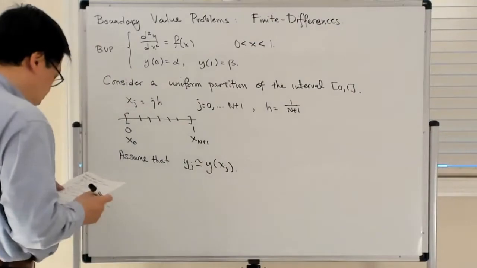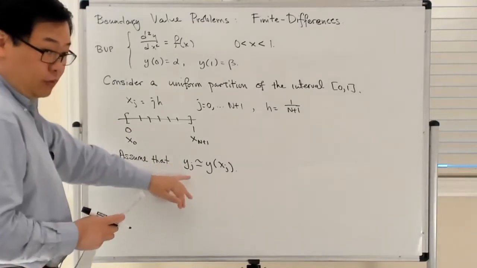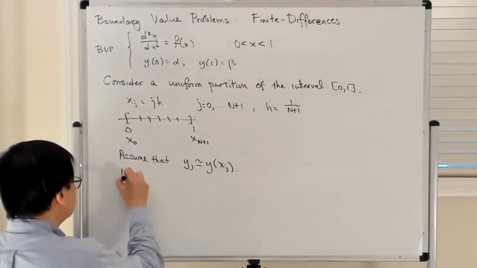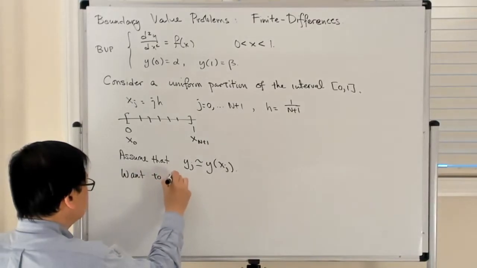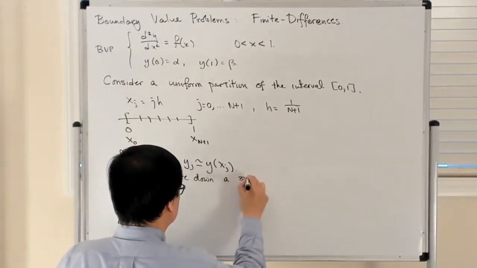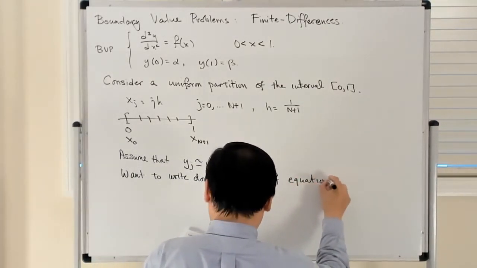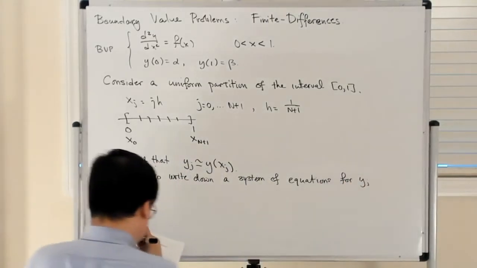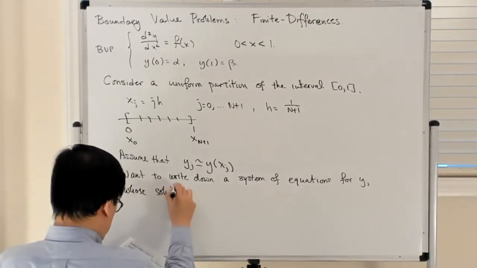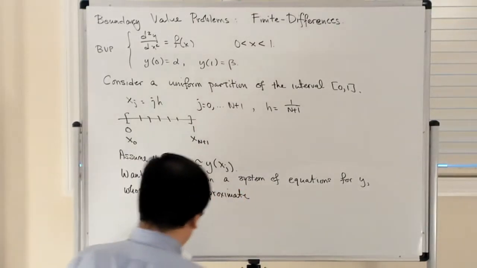All right, so with this kind of setup, we would like to write down a system of equations for the yj's, whose solutions approximate the solution of the boundary value problem, right?